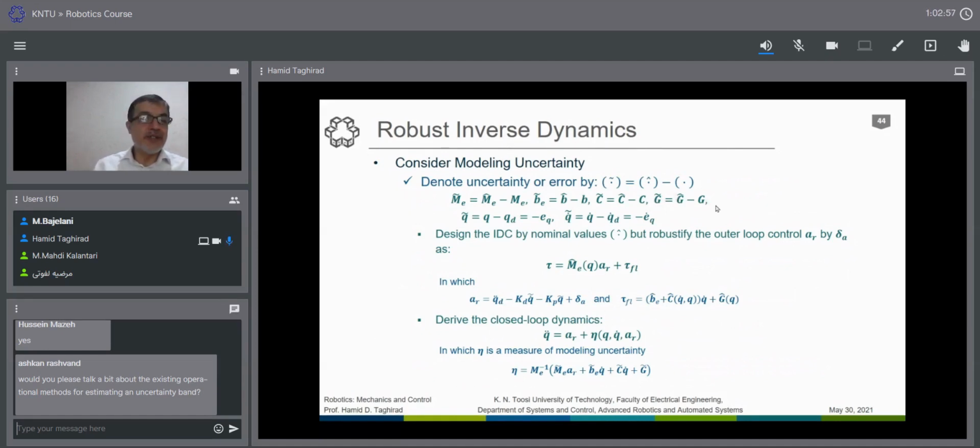So you can do some experiments. The gravity is a static value, so you can move the robot up and down with different q's, of course within the workspace of the system, and experimentally find the difference between what you have considered as the model and the true value.